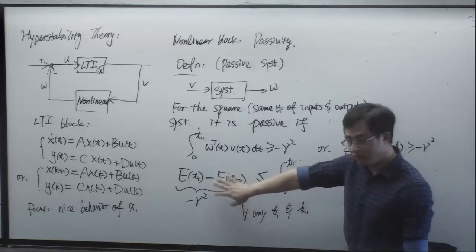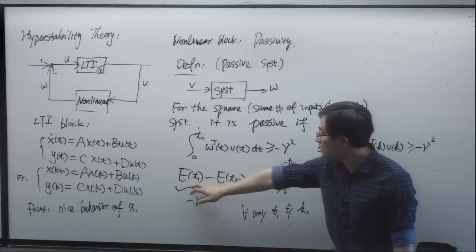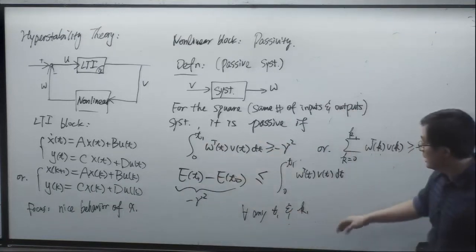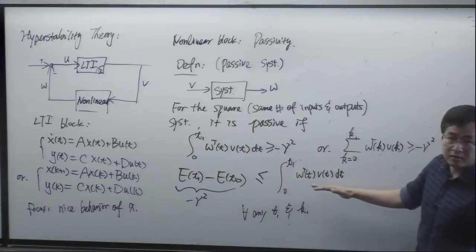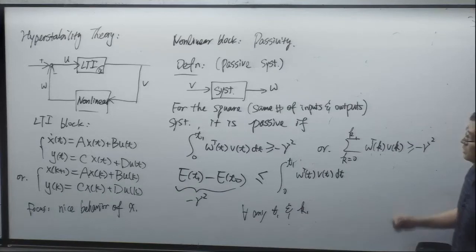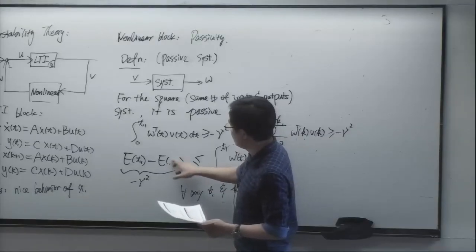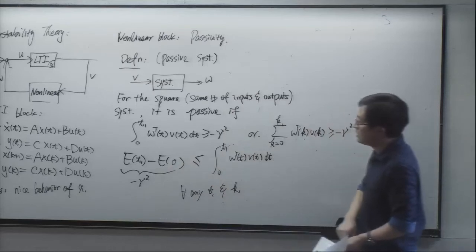Regardless of how you choose your terminal time, as long as your terminal time is larger than your initial time, as long as you do this integration, you're going to be limited by this sort of conservation of energy to be called the passive system. Let's do this to be a little bit more consistent. Yeah, but good catch.